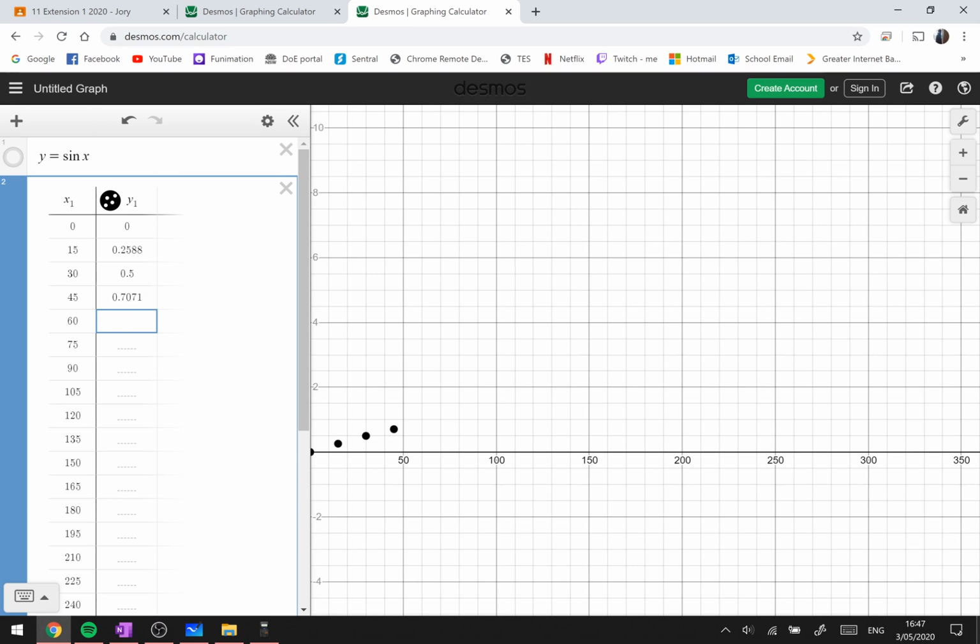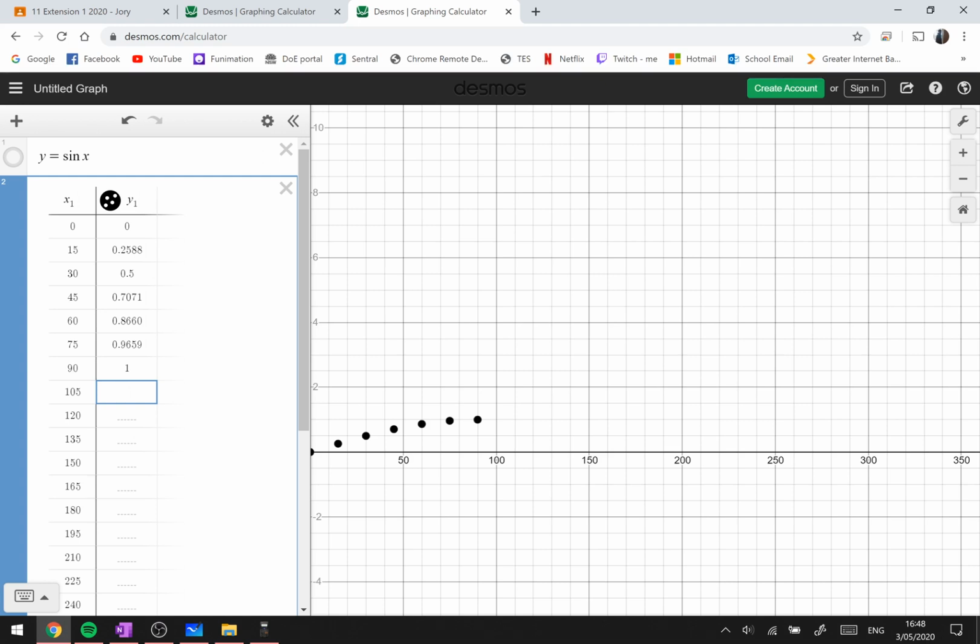Then we're going to put in sine of 60 degrees, which is root 3 on 2, but that's 0.8660, okay, to 4 decimal places. Then we're going to put sine of 75 in, and that's going to give us 0.9659, okay? And then finish off with sine of 90, which is equal to 1.